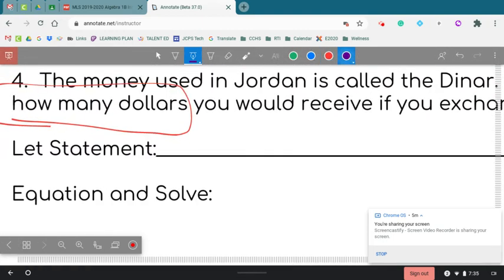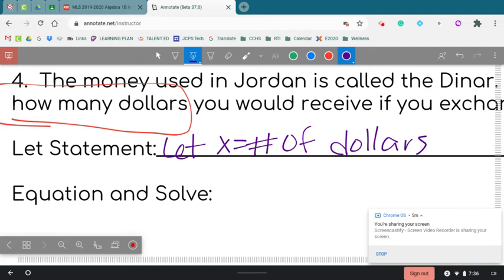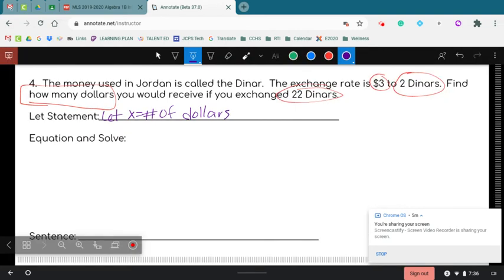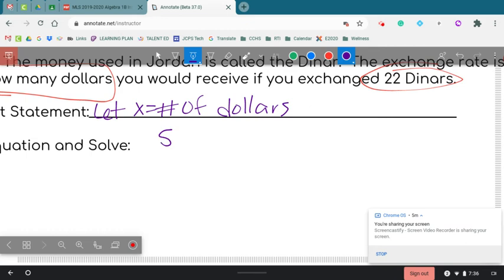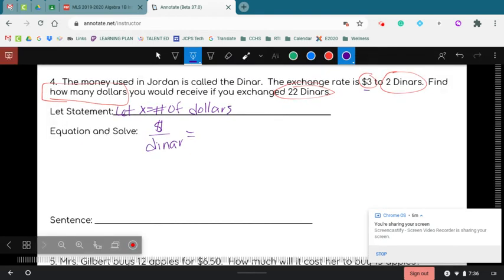Your let statement is going to be let X equal number of dollars. It doesn't matter if you do dollars over dinar or dinar over dollars. So I'm going to do dollars over dinar. Set up my first one, $3 to 2 dinars. So I'm going to do 3 over 2 equals, I don't know how many dollars, so I'm going to put X. And it's 22 dinar, which is going to go on the bottom.